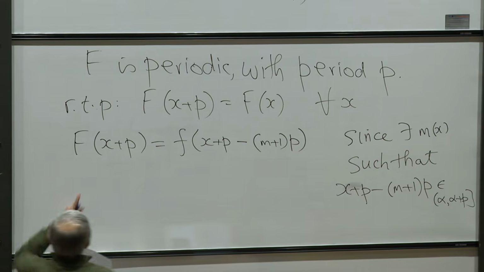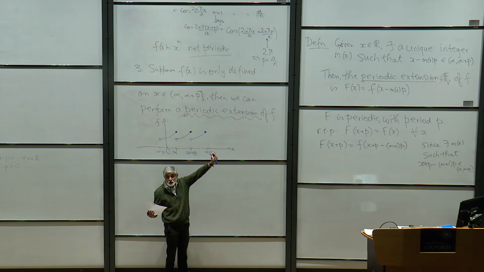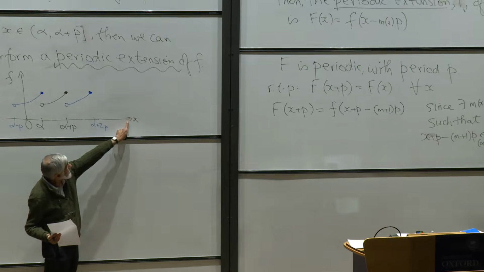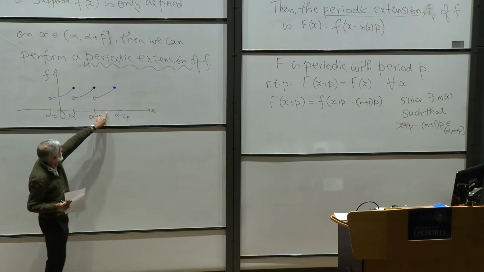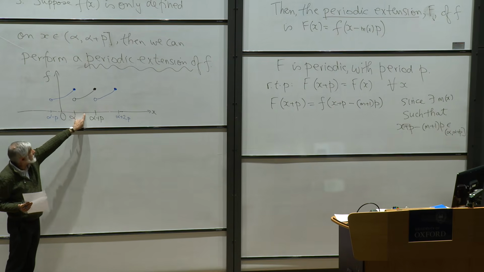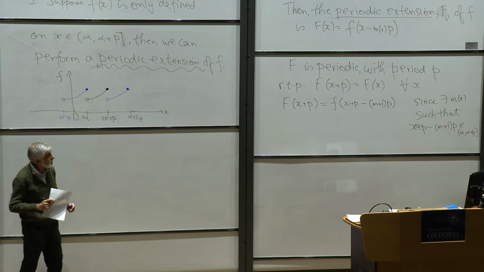Because all we're saying is that if I take x plus p, call that some other x hat or something, then if I go back a certain number of p steps, of size p, I will get to here. That's all that is saying.